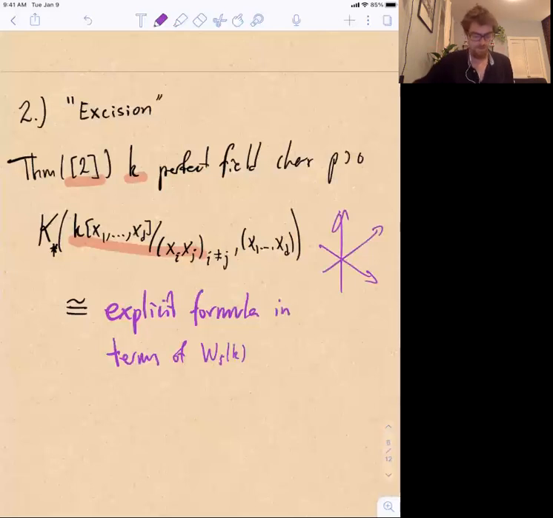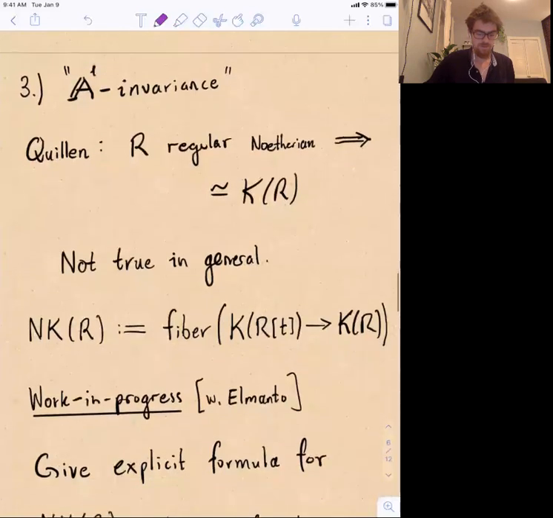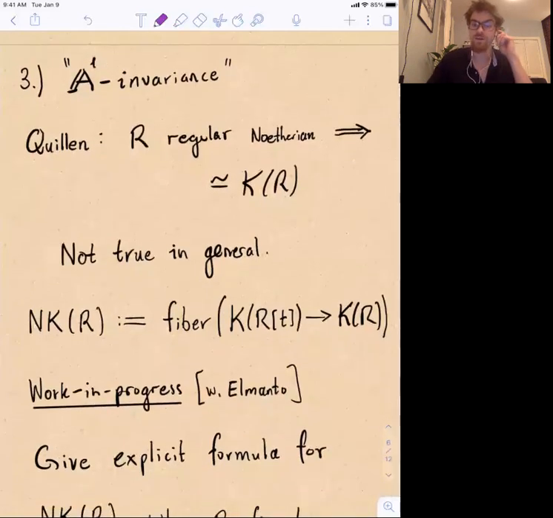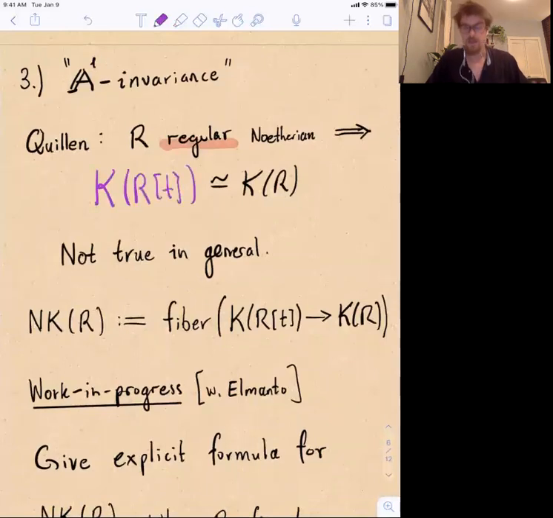So in the third question, this is the question of A1 invariance. Let me first recall a theorem of Quillen, which says that in case you put a regular ring R inside K theory, then the K theory of the polynomial ring and the K theory of R give you the exact same result.